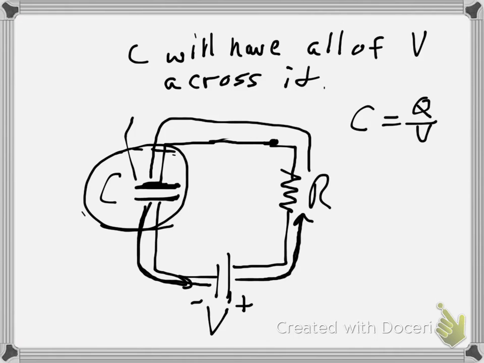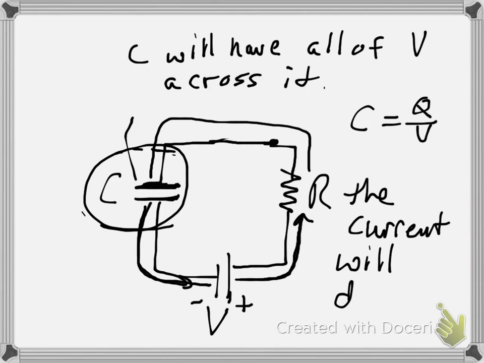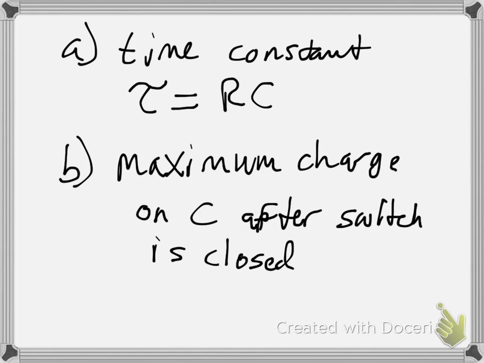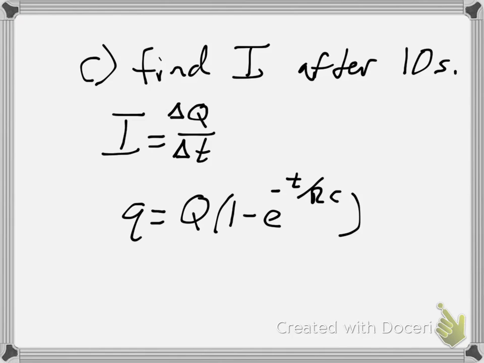Now, of course, that current will drop. But how can we use that fact? This represents the amount of charge accumulating on the capacitor, not the charge that's necessarily flowing through the circuit.